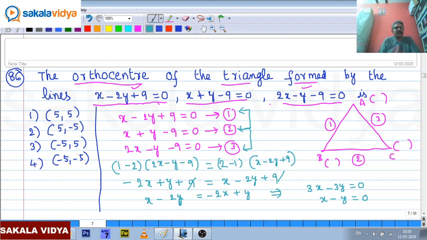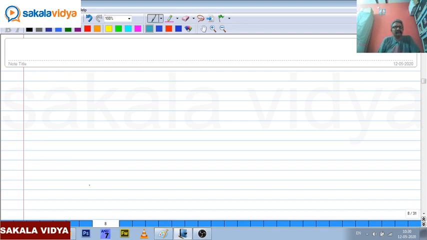Substitute the options. Either first option or second option will satisfy. Because 5 minus 5 is equal to 0 or minus 5 minus 5 is equal to 0. Second option, third option will be eliminated. Now what we need to do means, we need to find out, I will explain another page, this one.